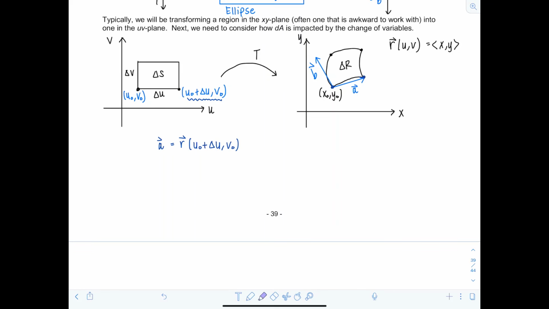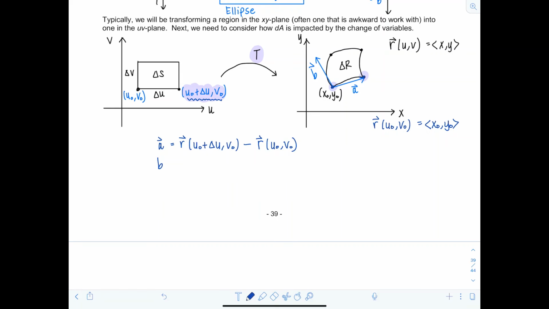So I'm plugging in this point into my transformation. It's sending me over here, minus r of (u naught, v naught). So I did terminal point minus initial point. Remember, r of (u naught, v naught) is (x naught, y naught), right? Okay, so that's vector A.